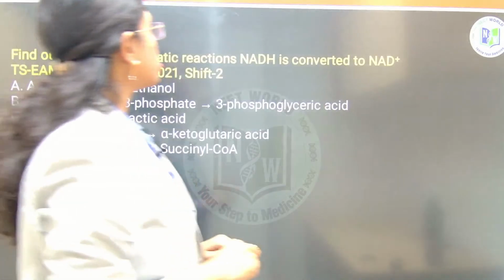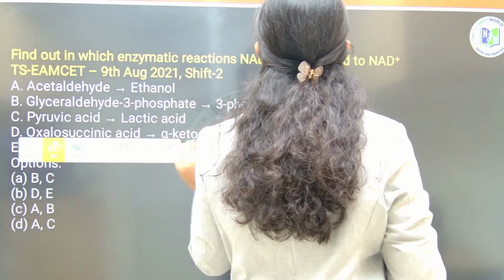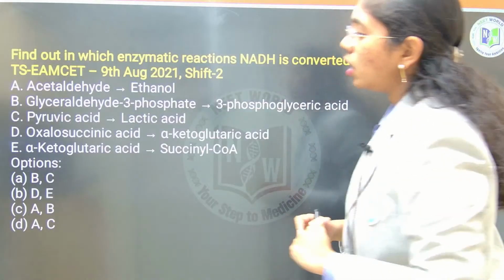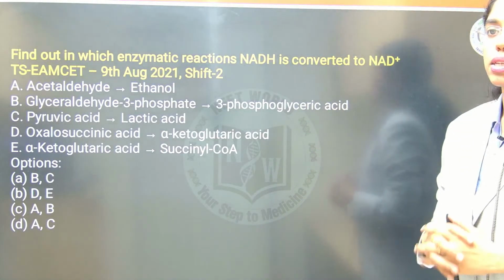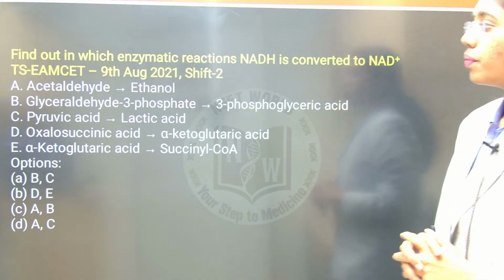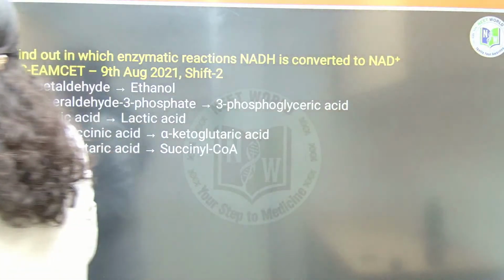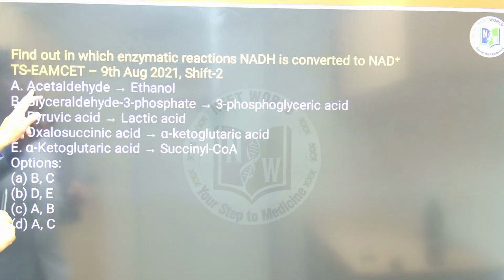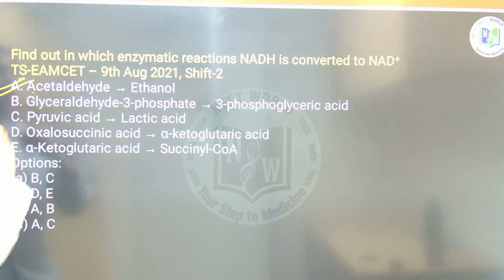Find out in which enzymatic reactions NADH is converted to NAD plus. Look at it carefully, all the steps. Acetaldehyde to ethanol. This is alcoholic fermentation.